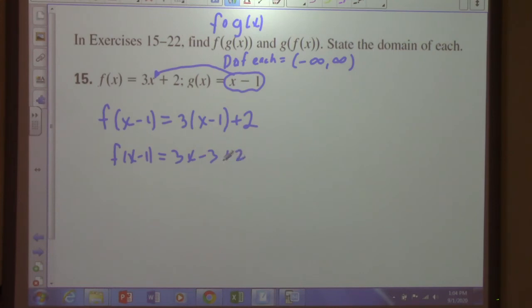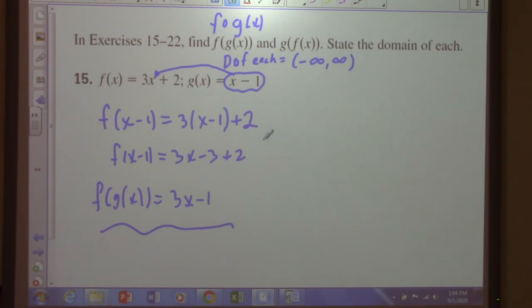It's combining like terms, so what are we going to have left? 3x minus 1. So we can write our concluding statement here, f of g of x is equal to 3x minus 1. And so that's going to be that one, okay? And our domain, of course, is all real numbers.